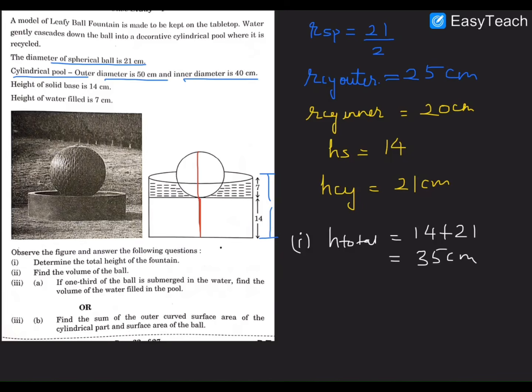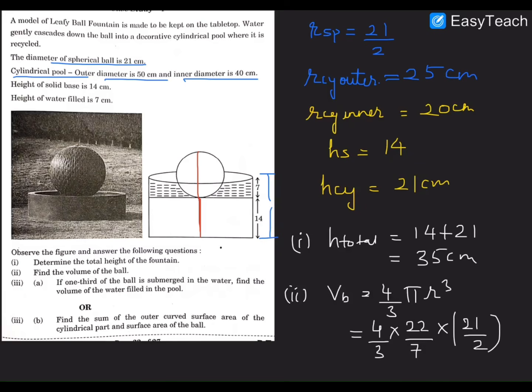Next question, you have to find the volume of the ball. As it is a sphere, the volume of the ball will be 4 by 3 pi r cube. Putting the values, 4 by 3 into 22 by 7, and r is 21 by 2 whole cube.